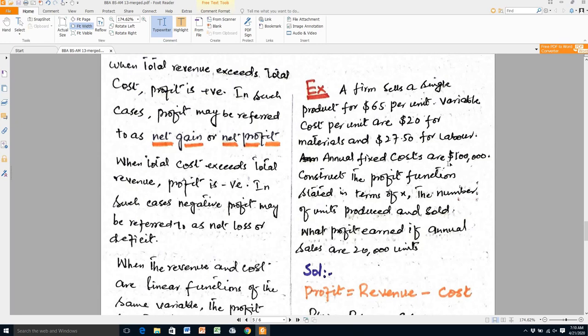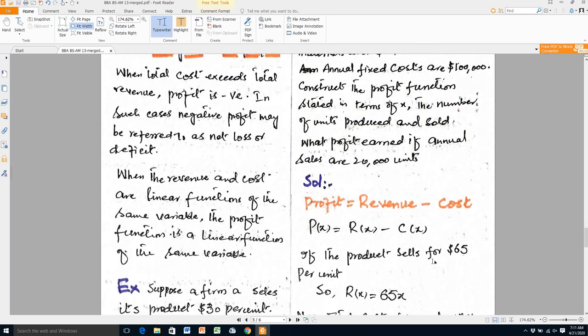Annual fixed costs are $1 lakh. Construct the profit function stated in terms of x, the number of units produced and sold. What profit is earned if annual sales are 20,000 units?